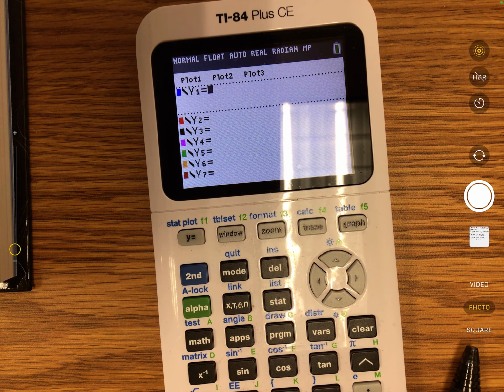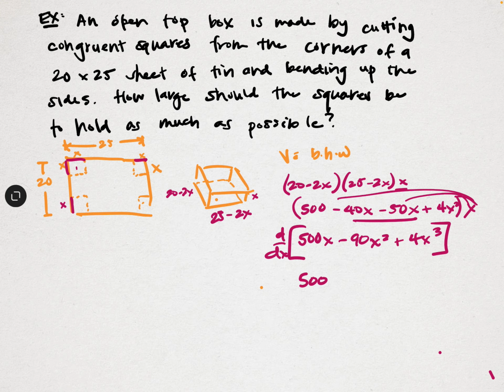So we have 500x minus 40 and 50 is negative 90x squared, and then 4x cubed. We're going to do our derivative at this point. So 500x derives to 500, 90x squared becomes 180x, and then 4x cubed becomes 12x squared.